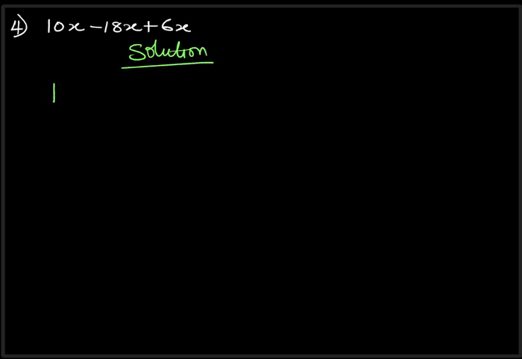Okay, solution. What do we have? This is 10x minus 18x plus 6x. What will this give us? We'll take it one after the other. 10x minus 18x: different signs, so we subtract, 18 minus 10, that will give us 8.